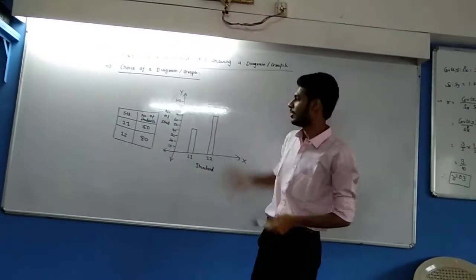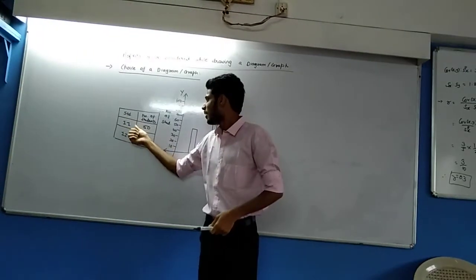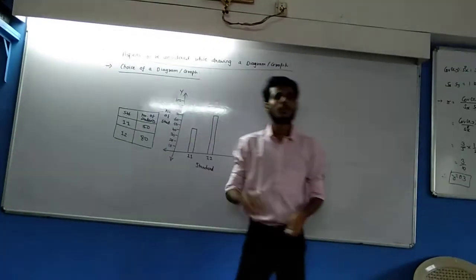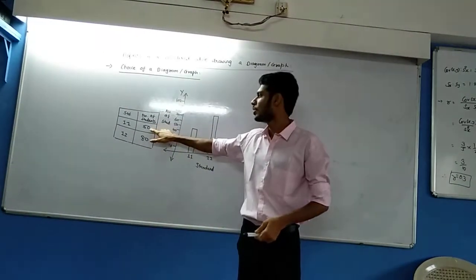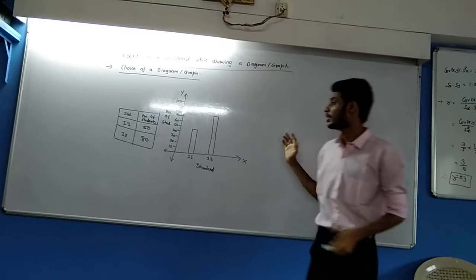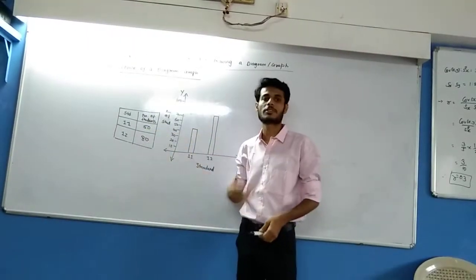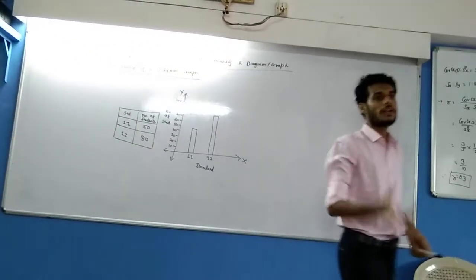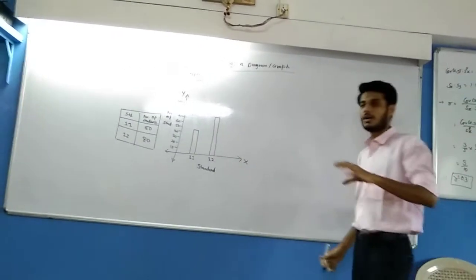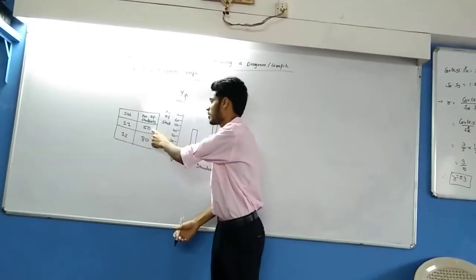This is really important. If you take 1 centimeter equal to 1 student, then taking a radius of 50 centimeters will be very difficult for you, and you won't be able to draw a circle diagram using this much radius.